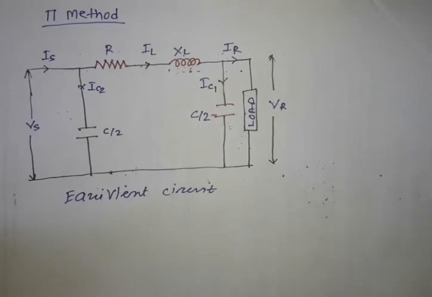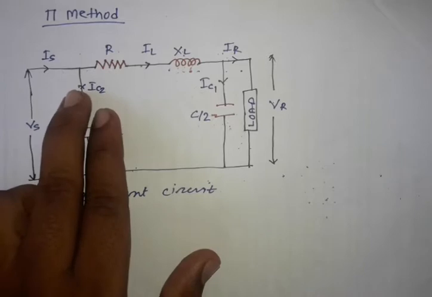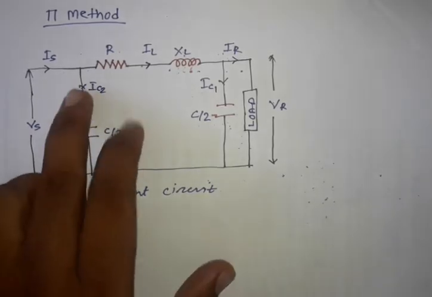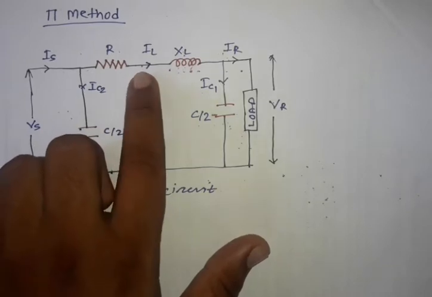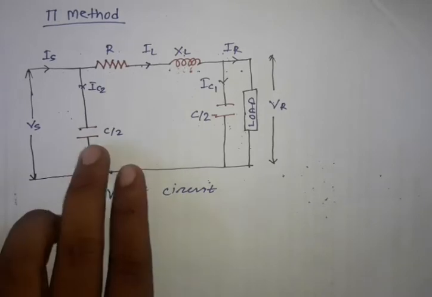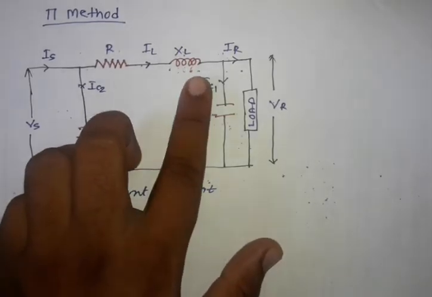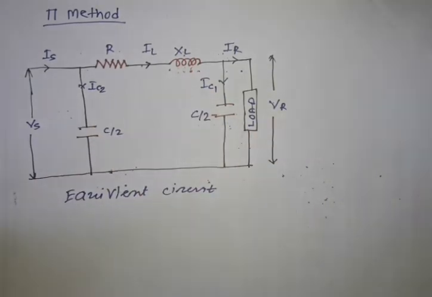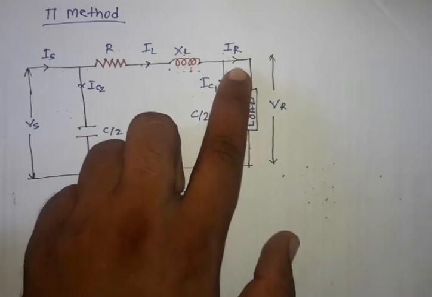For finding the phasor diagram, first of all we see that the current at the sending end divides into two parts. The first is current IL, which is the line current, and the current in the capacitor, which is IC2, our second capacitor. When current IL passes, it divides into another two parts, IC1 and IR.